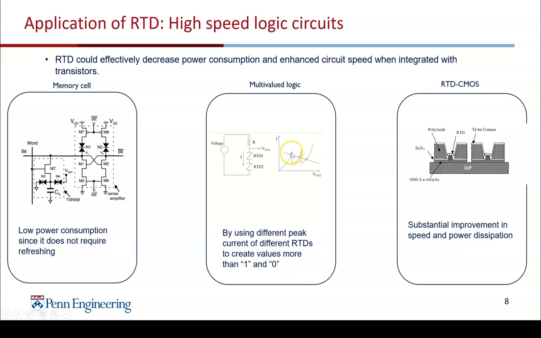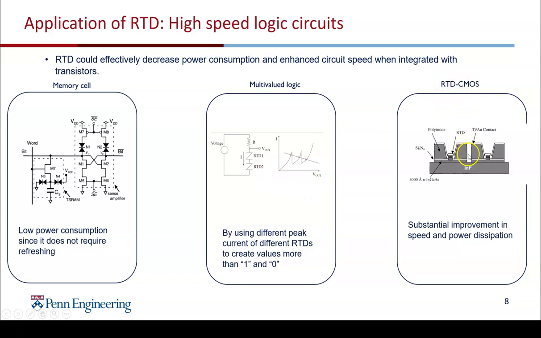Seen from this graph, for RTD1, we have a certain peak at the first one. For RTD2, we have a different peak current. Similarly, for RTD3, we might have a peak current here. So we could create more than two values. This would be very useful in devices that need multi-valued logic.